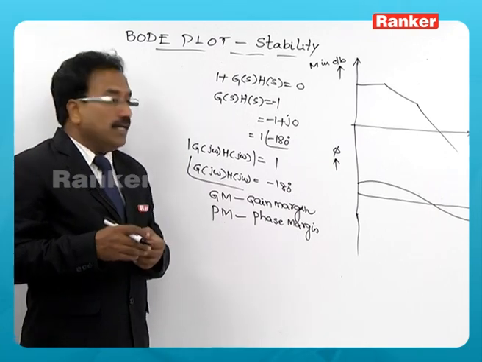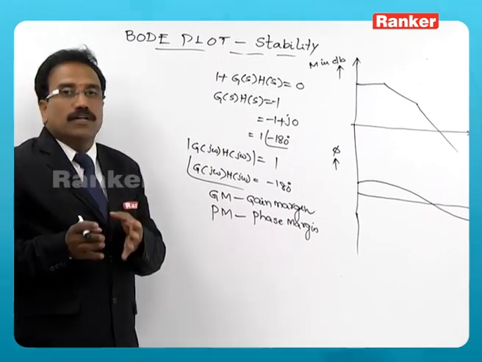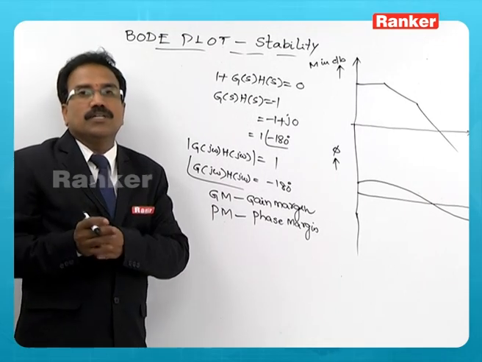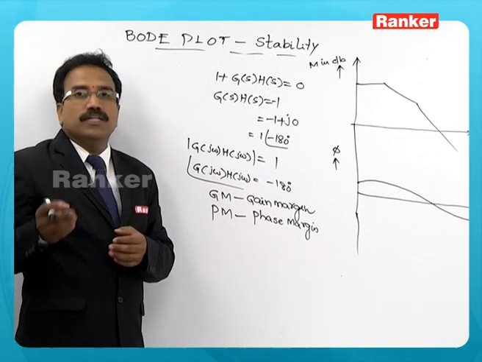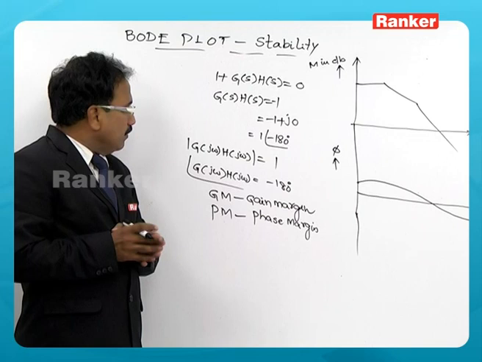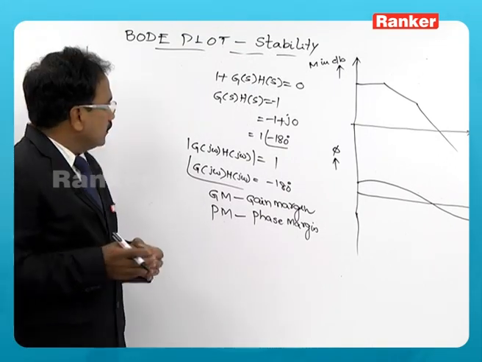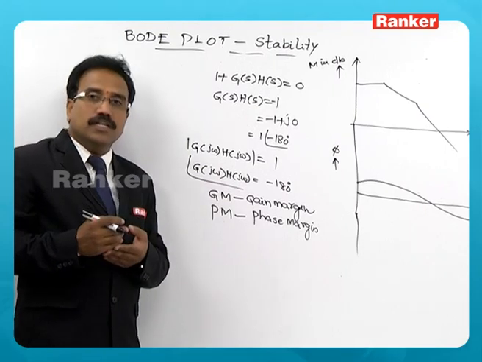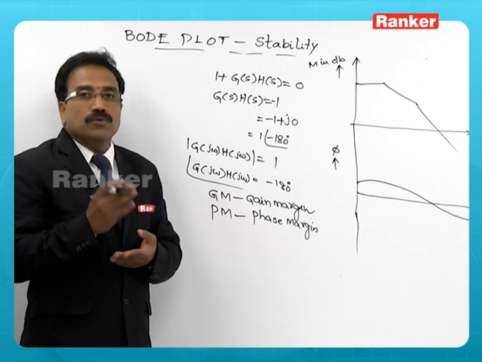What is the amount of gain that can be added to the system so that the system goes to the verge of instability? Phase margin is also defined in a similar way. Being a sinusoidal transfer function, it will have both magnitude margin and phase angle margin. So, how much gain and phase can you still add to the system so that the system goes to the verge of stability.